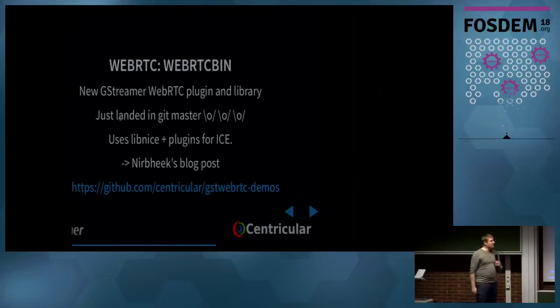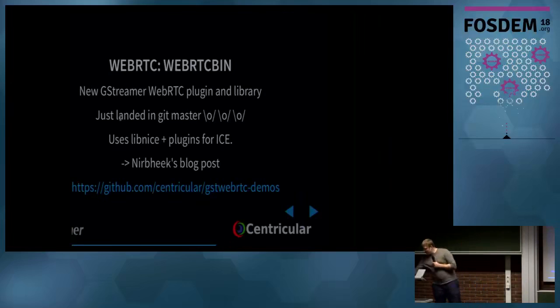It just landed. It uses libnice for ICE stuff to get through firewalls and NAT, etc. And if you're interested in that, Nirbheek has just written a blog post about it. And we also have a demo repository, which might be a little bit rotten, but it should work.